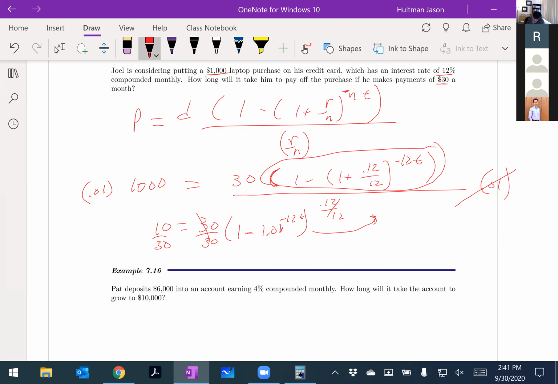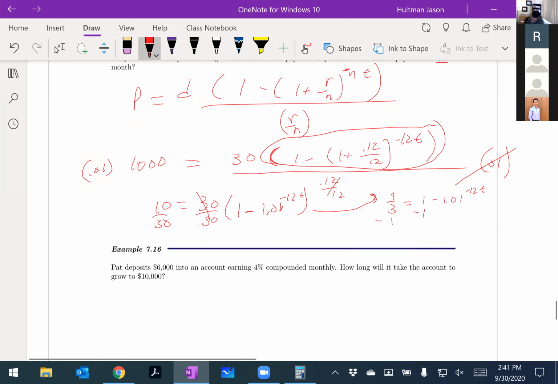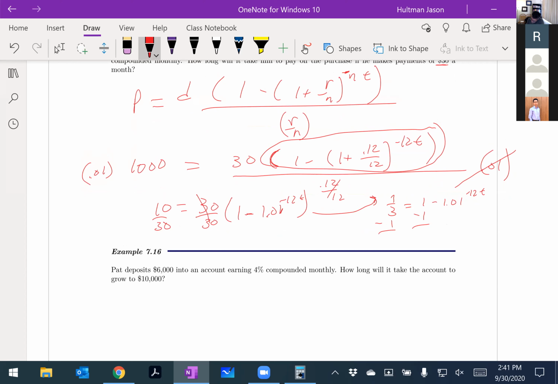Okay, so this is 1/3 is equal to 1 minus 1.01 to the negative 12t. So I'm going to subtract 1, and that gives me negative 2/3 is equal to negative 1.01 to the negative 12t.